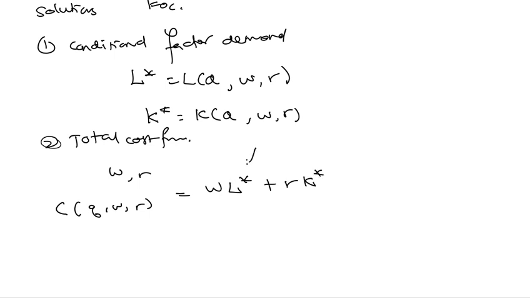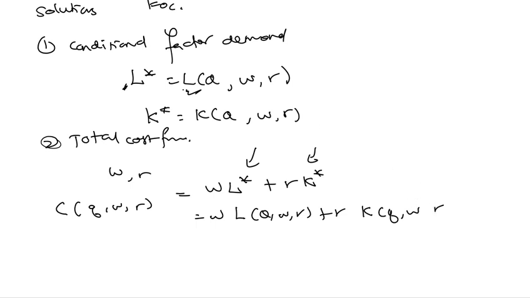Now, when I say it is an optimal level, it is here after you do the first order condition of the cost minimizing problem and rearrange it. So here, because L star is this, after we do the calculation, so L(Q, W, R), isn't it? K star is K(Q, W, R). Sorry.